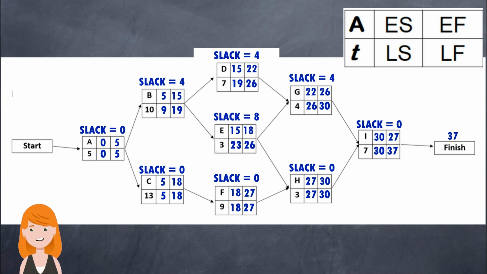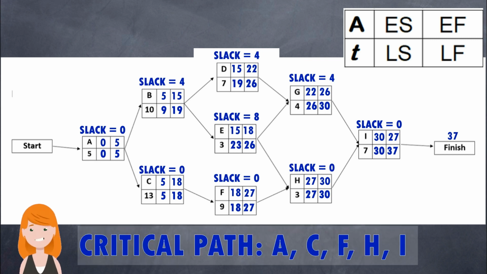Thus, B can be delayed for up to 4 weeks, and the project will still be completed in week 37. Activities A, C, F, H, and I, on the other hand, cannot be delayed at all without extending the project's completion time.